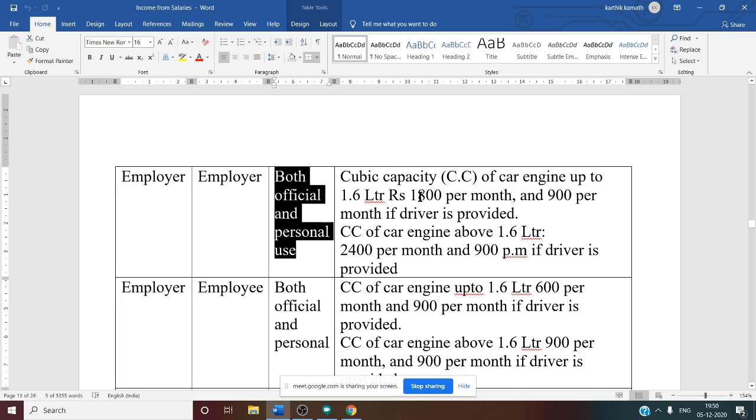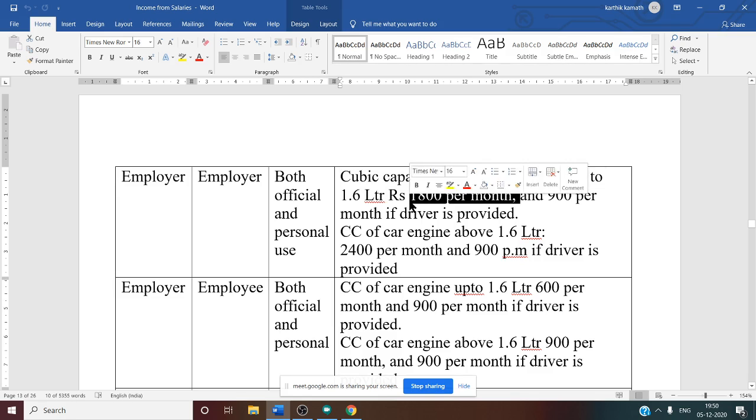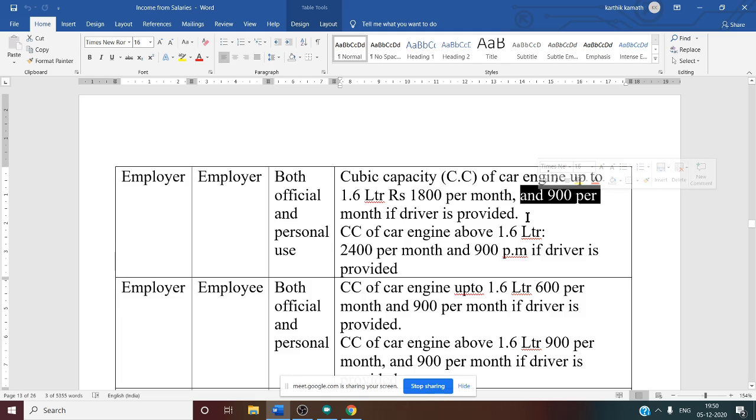If the engine capacity is up to 1.6 liter, sometimes in the question they may say that it is a small car. Small car means we have to assume it is less than 1.6 liter CC. Whenever it is less than 1.6 liter CC, 1800 per month fixed amount you have to consider, and if a driver is provided, 900 per month you have to consider.